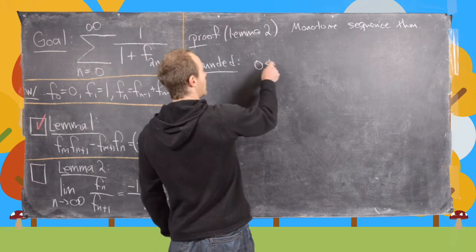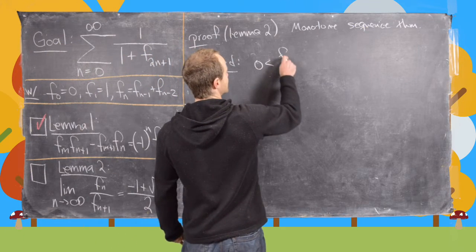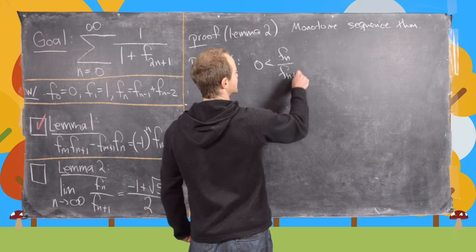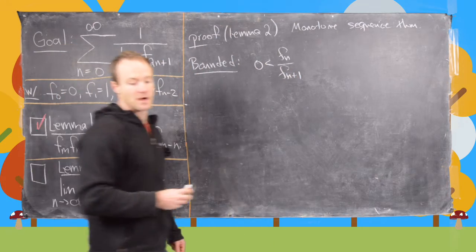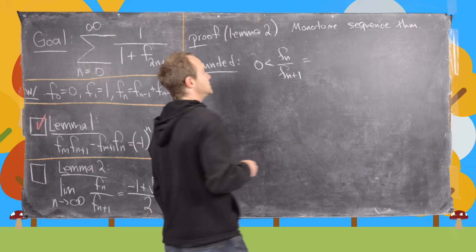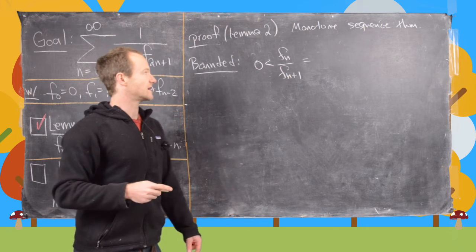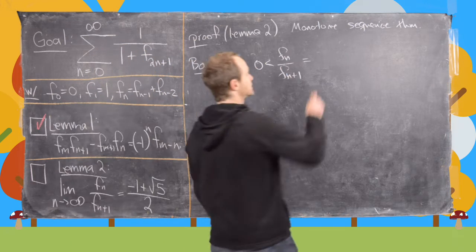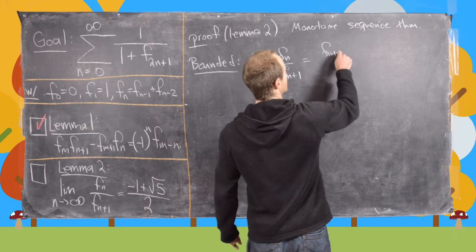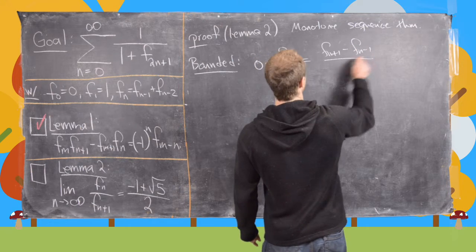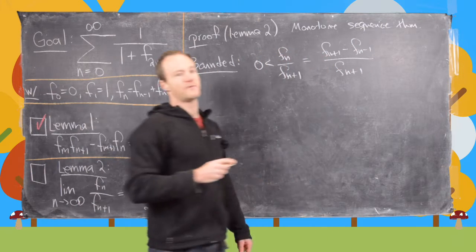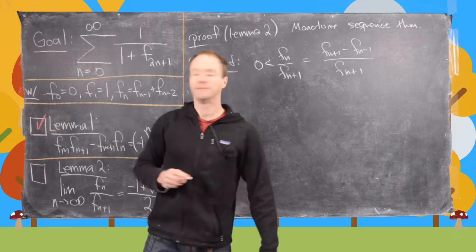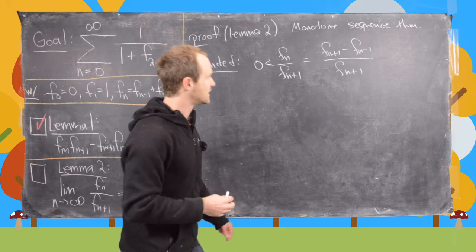So notice that all of these terms, F_n over F_{n+1}, are positive, and that's because all the Fibonacci numbers are positive. But now what we can do is rewrite the numerator as follows. So this is (F_{n+1} - F_{n-1}) over F_{n+1}. That's just rewriting the normal Fibonacci recursion in an obvious way.